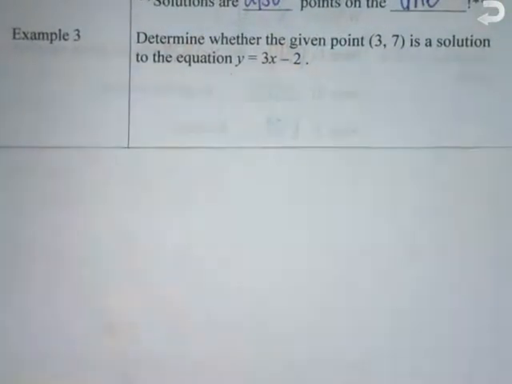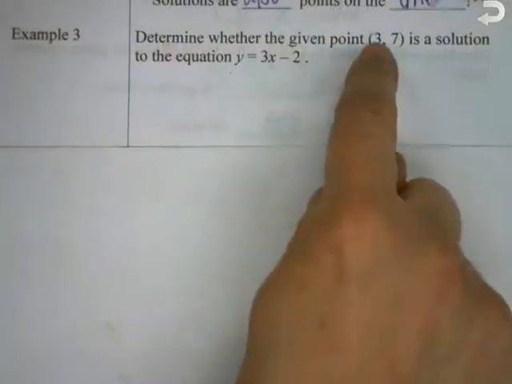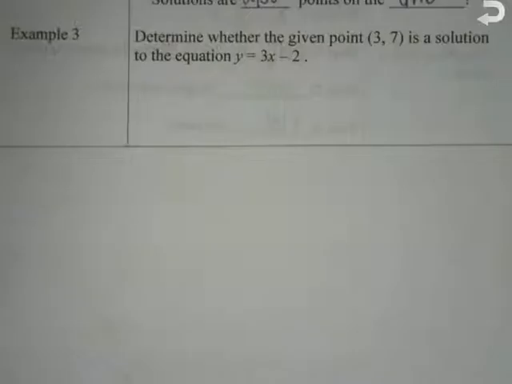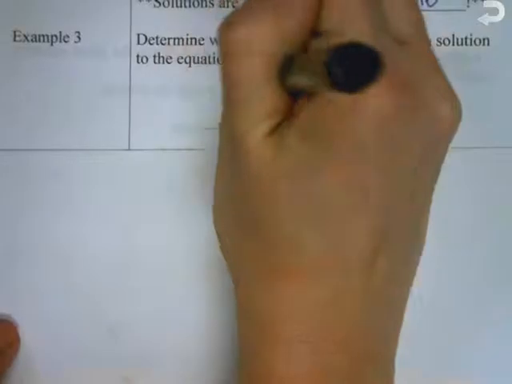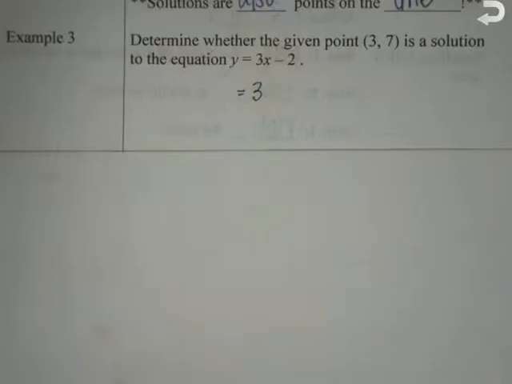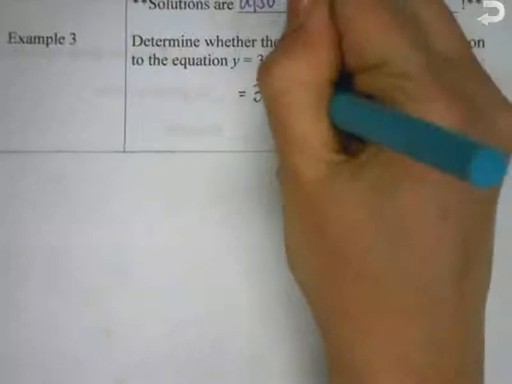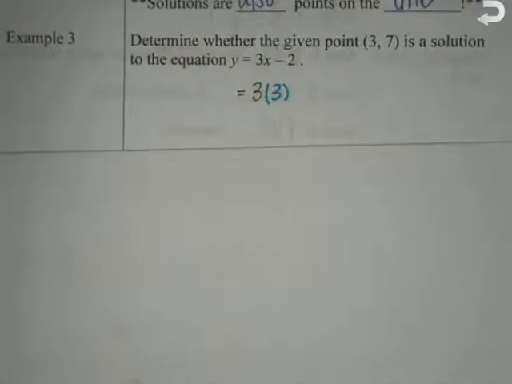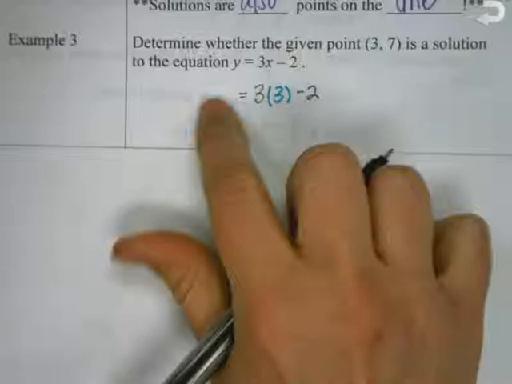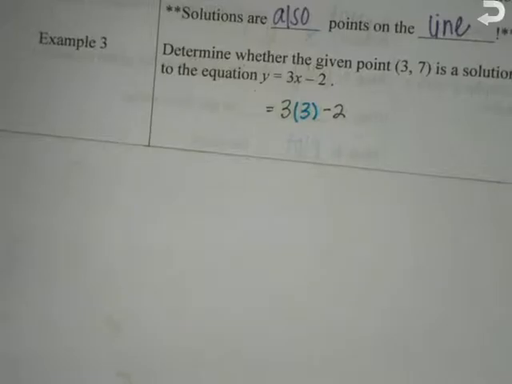So it's going to be 3 times 3, right? The minus 2 stays. And what goes right here? 7. So all I do is where I see y, I put in the second point. Where I see x, I put in the first.